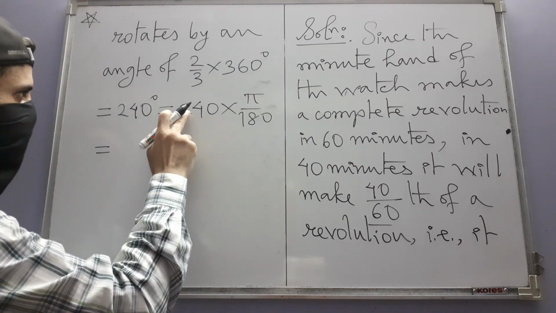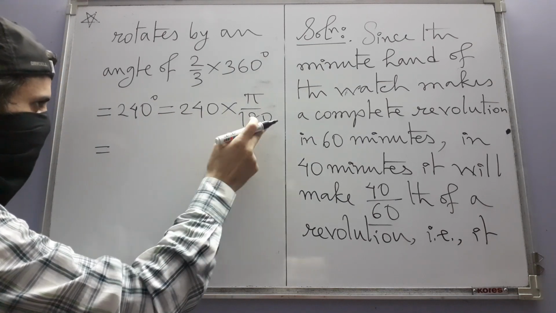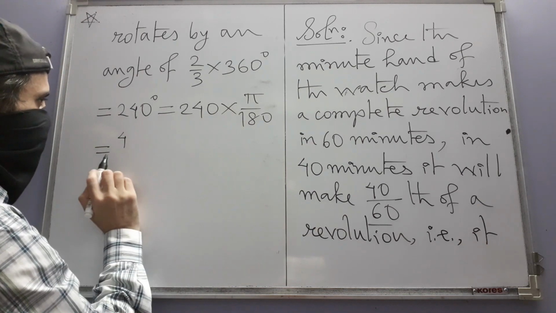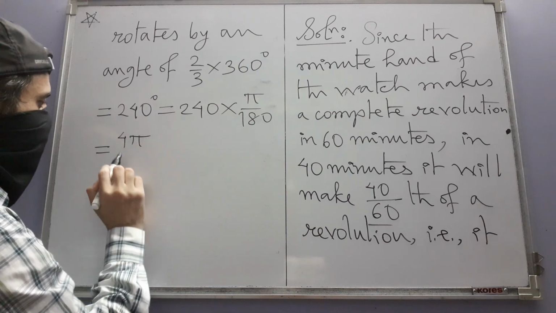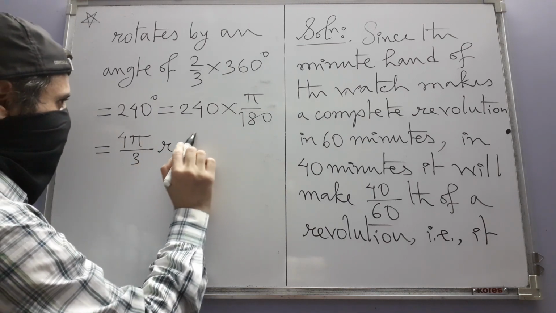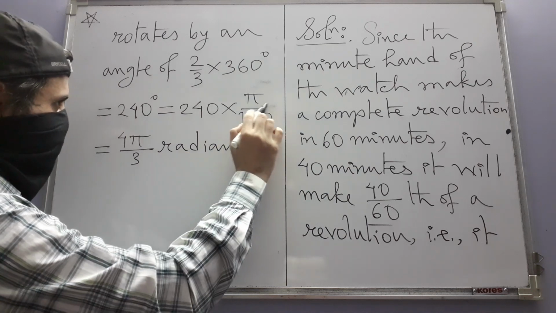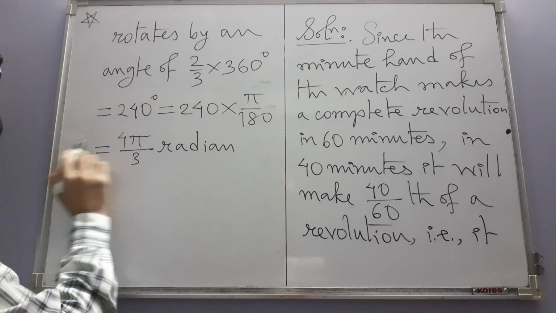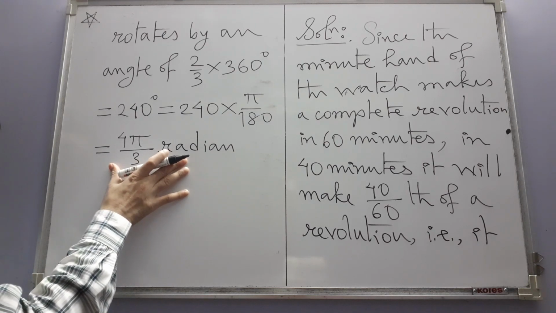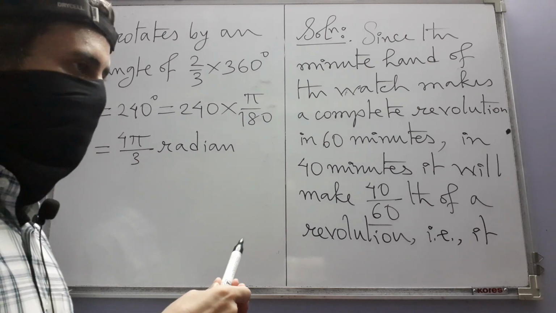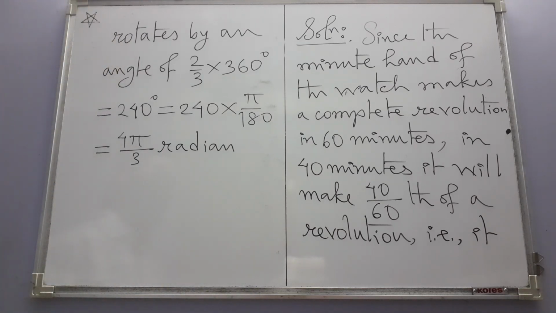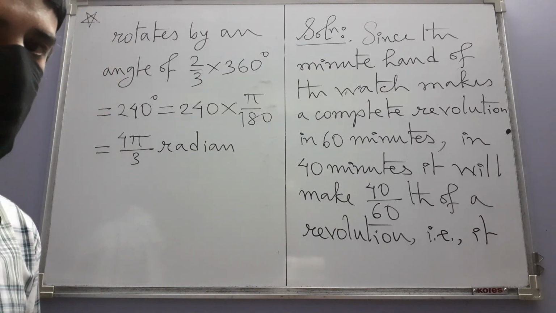If you divide the numerator by 6, the 0 of course gets cancelled, then we are left with 4 in the numerator and the denominator will be 3. Actually I should have written radian here itself, but I do not have space. So the angle by which the minute hand rotates is 4 pi over 3 radian. So this is our theta.